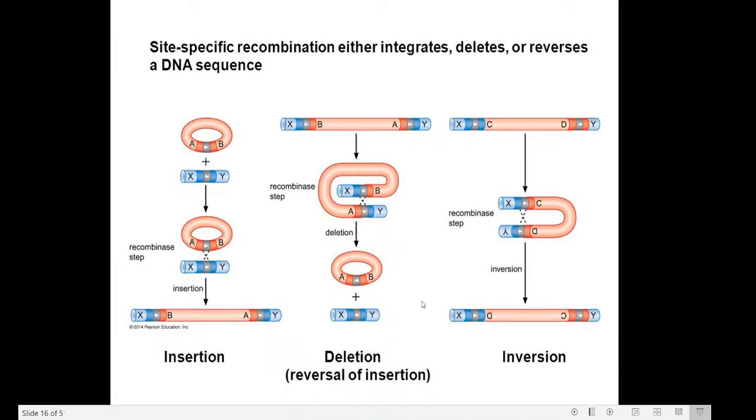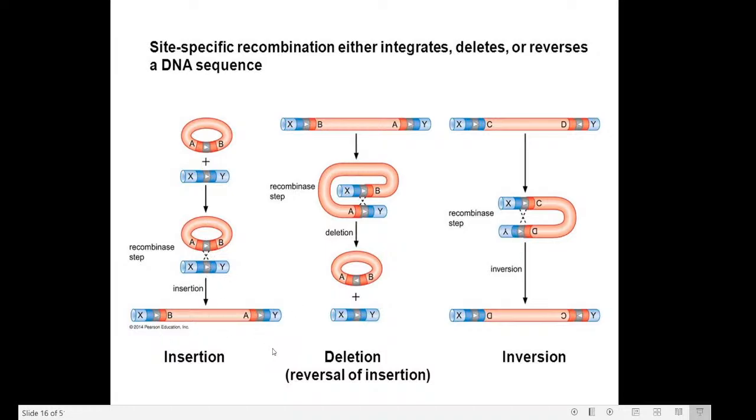In site specific recombination, you can see the insertion. You can insert new recombinant DNA into a particular region.